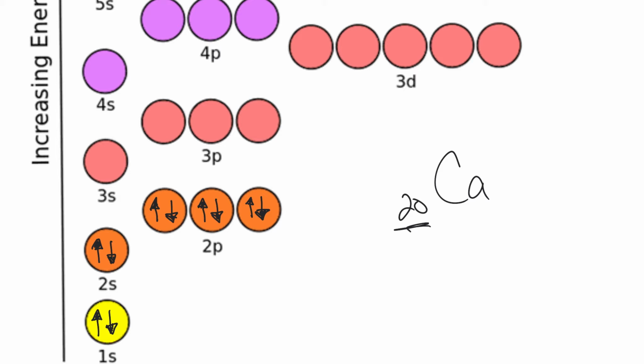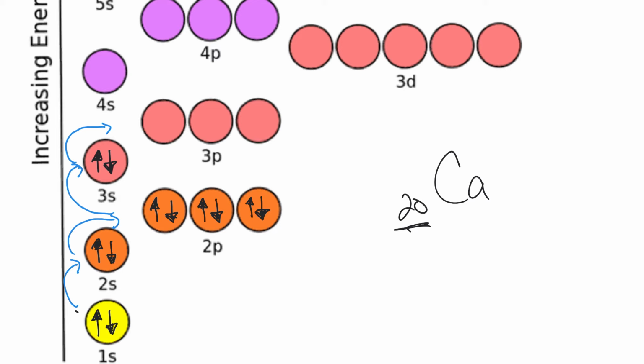When I move up from 2p, I can move on to the 3s, 11, 12. I'm done with my 3s, so I'm going to move up in energy. Remember, I moved from 1s to 2s, 2s to 2p, 2p to 3s. Now I'm going to move from 3s to 3p and put my electrons in there.